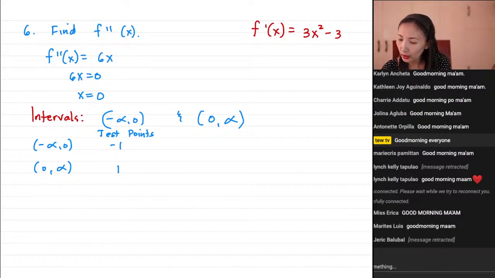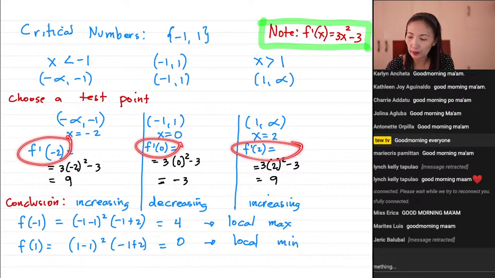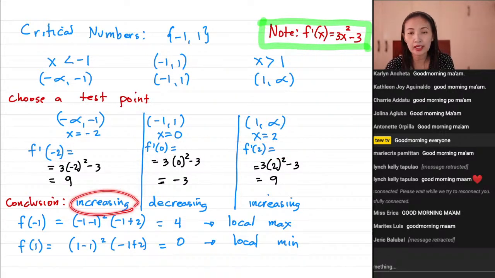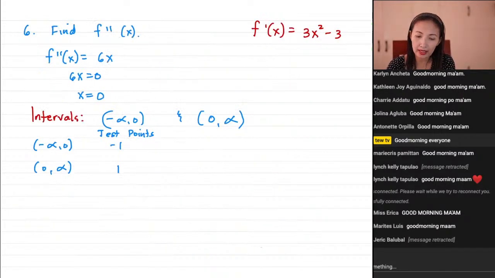We used the first derivative to determine whether the function is increasing or decreasing. This time, for number 6, we apply the second derivative test, evaluating the second derivative at the test points that we have identified.